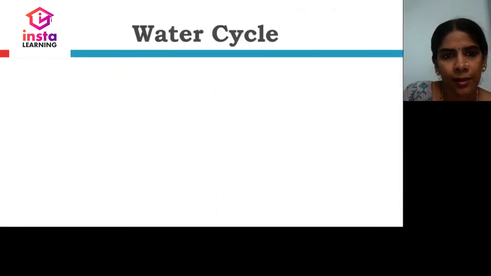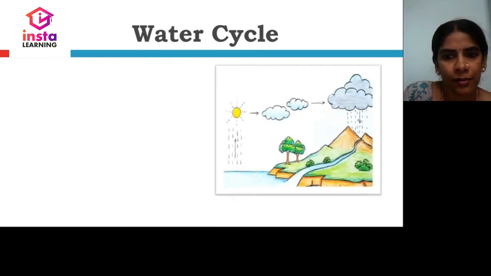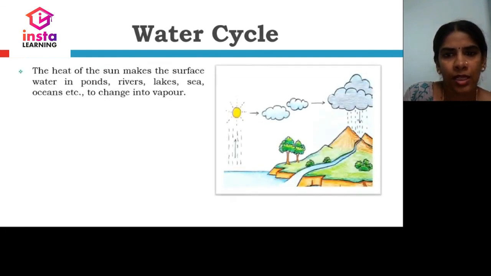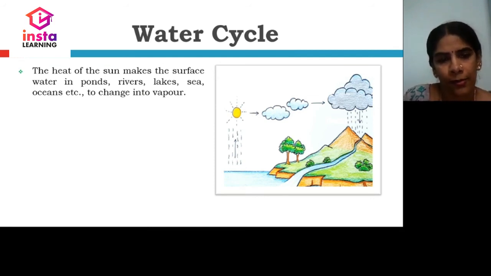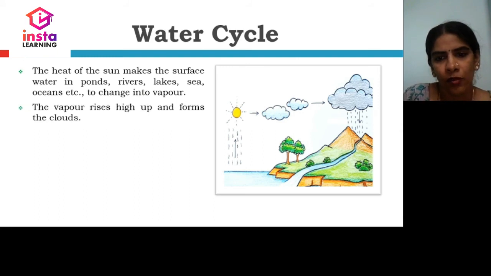Water cycle. The heat of the sun makes the surface water in the ponds, rivers, lakes, seas, oceans, etc. change into vapor. The vapor rises up and forms the clouds.